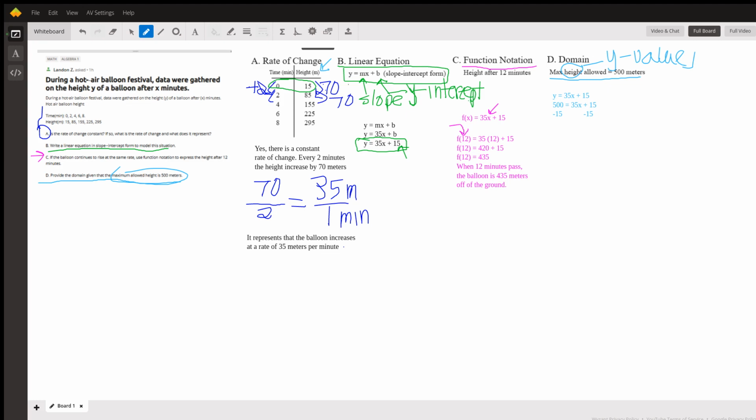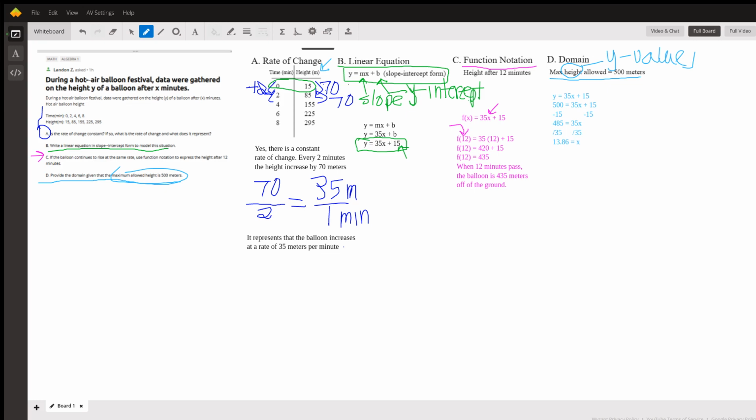And we get 485 equals 35x. And then let's divide out the 35 from both sides. 485 divided by 35 equals approximately 13.86. Let's round it to the nearest hundredth.